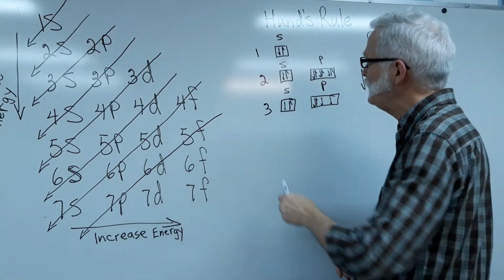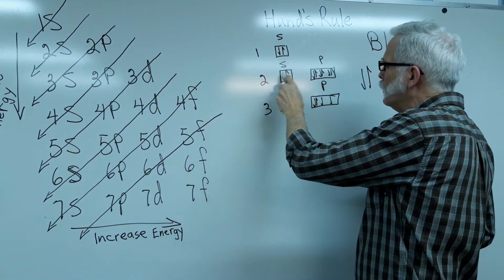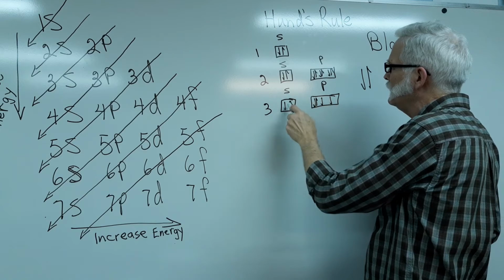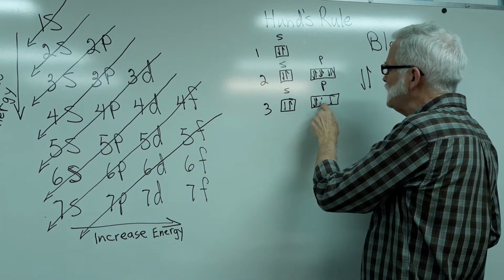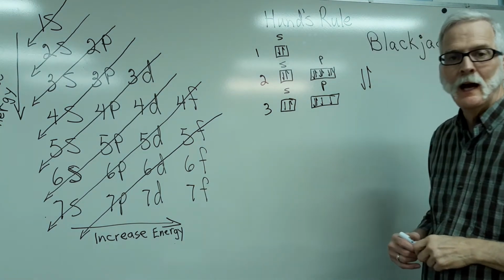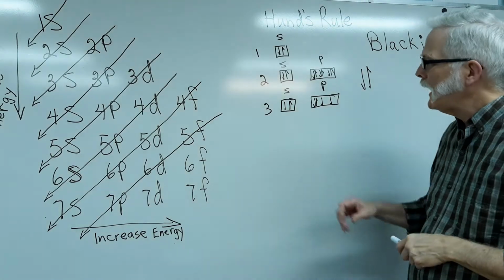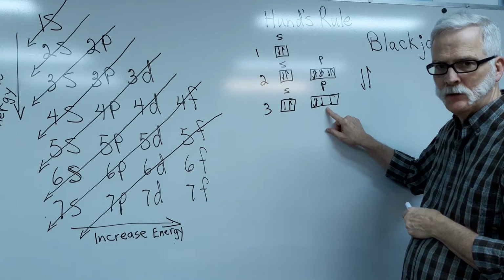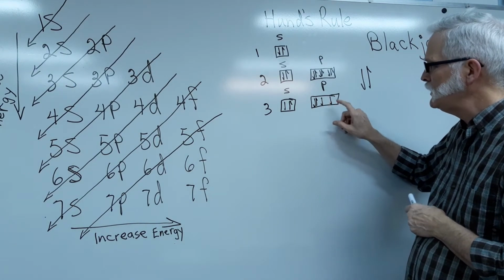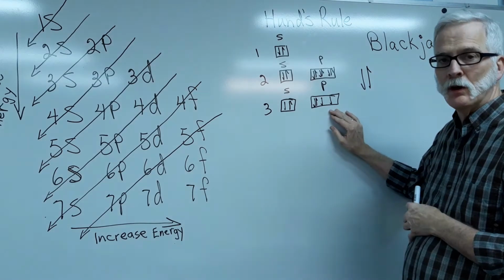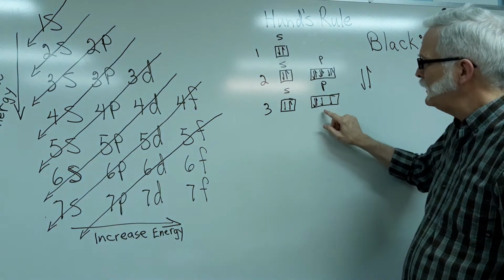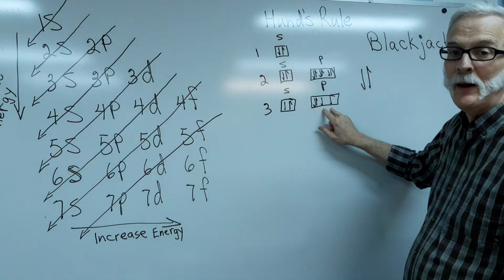Now, how many do I have here? I've got 2, 4, 6, 8, 10, 12, 14, 15, 16. I've got 16 electrons. How many unpaired electrons do I have? I've got 2. I've got 4 p electrons, but 2 of these electrons are unpaired.